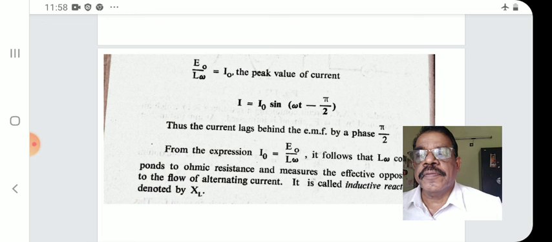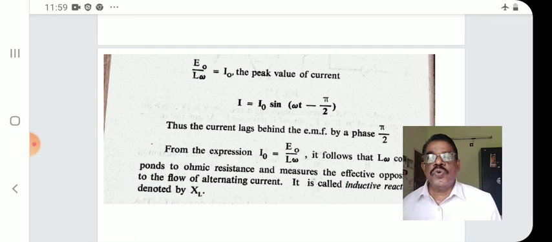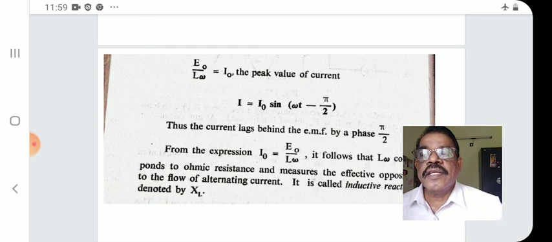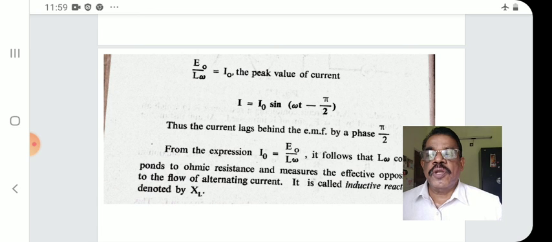Pi by 2 is 90 degrees. Remember, thus the current lags behind the EMF by a phase equal to pi by 2. Since minus pi by 2 is coming in the bracket, we say the current lags behind the EMF by a phase equal to pi by 2. And from the equation we get I0 equals E0 by L omega.